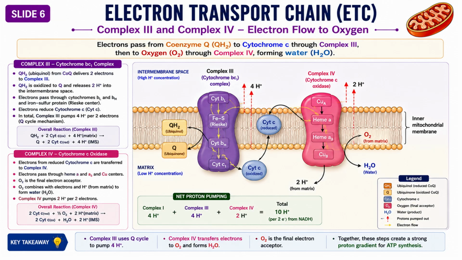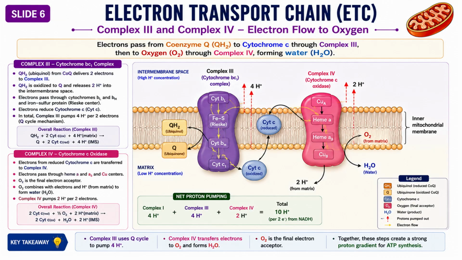Through the Q cycle, complex 3 helps transfer electrons to cytochrome C and contributes to proton translocation. In the commonly used simplified accounting, complex 3 contributes about 4 H+ to the proton gradient per pair of electrons. Reduced cytochrome C then carries electrons one at a time from complex 3 to complex 4.